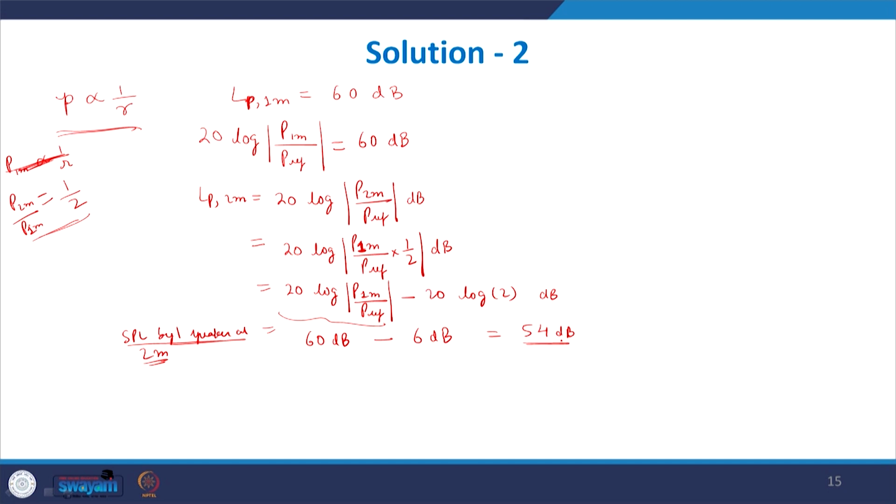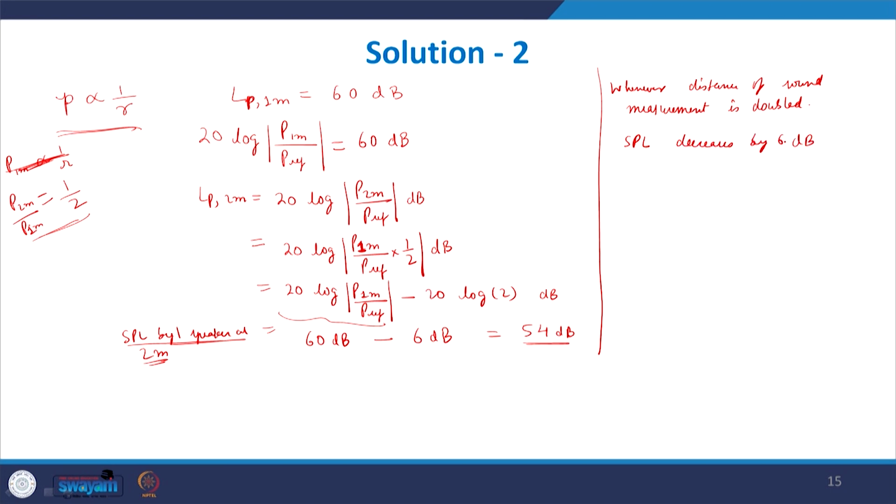Here an important observation is that whenever the distance of sound measurement is doubled, then the SPL decreases by 6 dB. If the distance is doubled, that does not mean that the SPL will reduce by half.